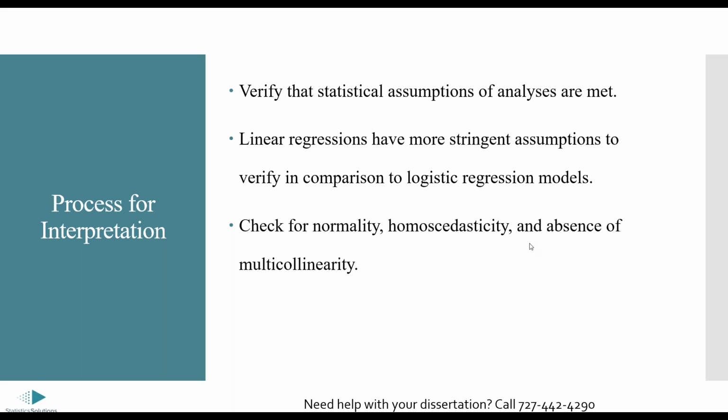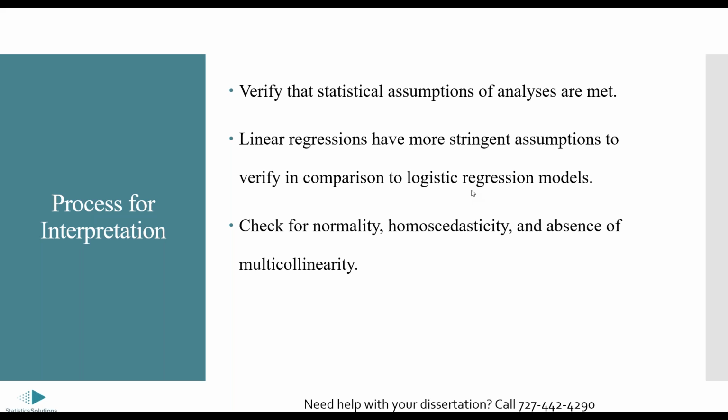In terms of the process for interpretation, the first thing you want to do once you've run your regression model is check for the assumptions. The parametric assumptions of the analyses need to be met. Now, linear regressions have far more stringent assumptions to check in comparison to logistic regression models, and that's because you have a continuous dependent variable.